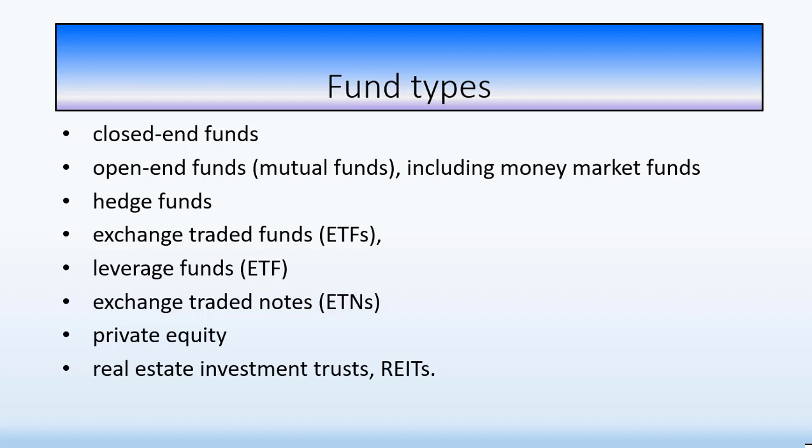What 2x means is that if the underlying portfolio, say it's trying to mimic the S&P, goes up 1% for the day and it's a 2x fund, then this fund will go up twice as much. Now, if the S&P falls 1%, then this fund will drop 2%. So it's a double-edged sword. But that's what leveraged funds do. They borrow money, and they use options and futures contracts to leverage themselves up and magnify returns.